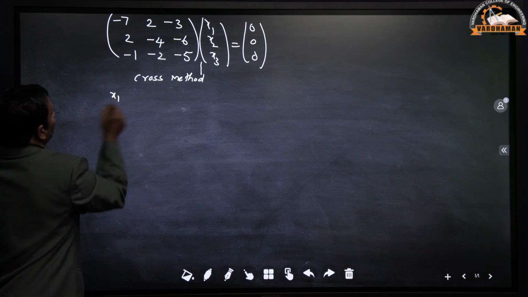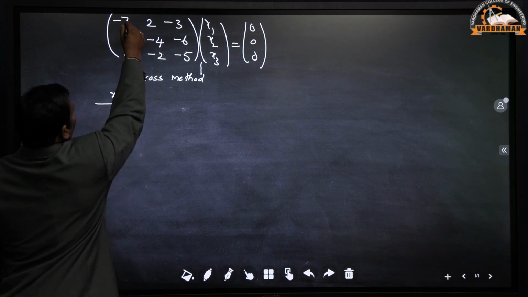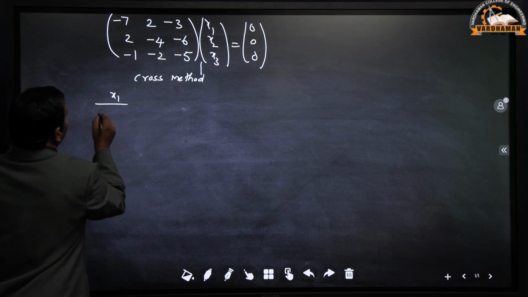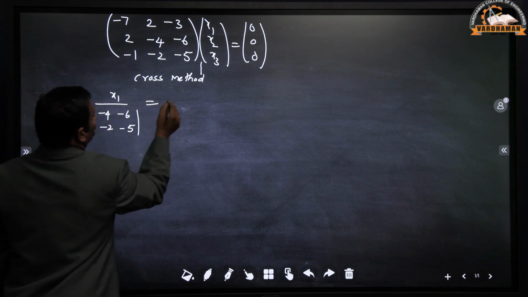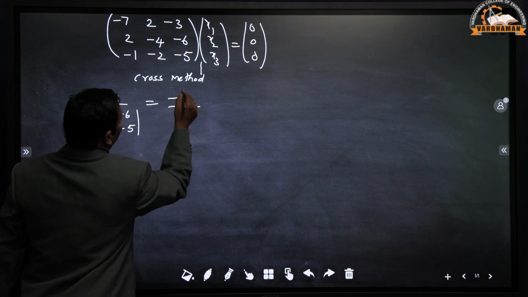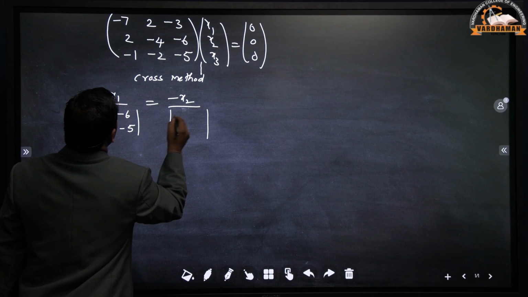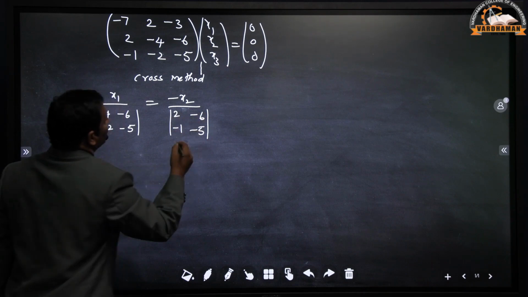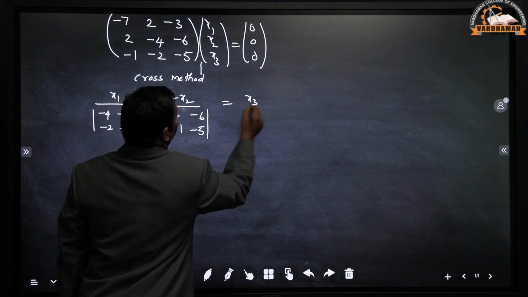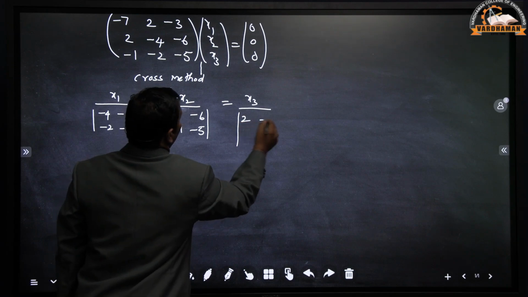Write down x1 by, neglecting the first column and first row, we will get minus 4, minus 6, minus 2, minus 5, and for the second coordinate write down minus, and here neglect the second column and first row: 2, minus 6, minus 1, minus 5, and x3 by neglecting the third column and first row: 2, minus 4.